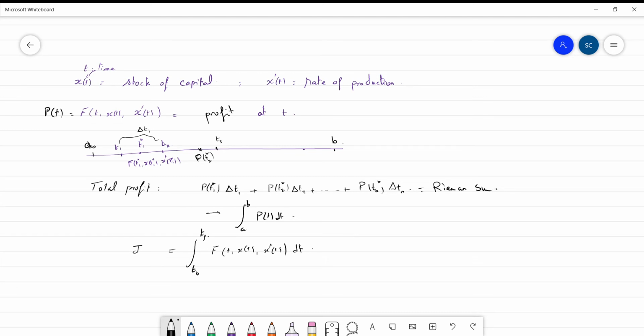So this is a function that depends on the function x, the stock of capital.